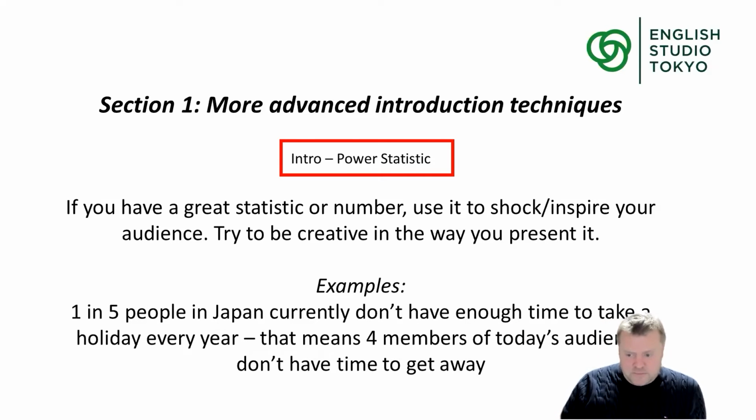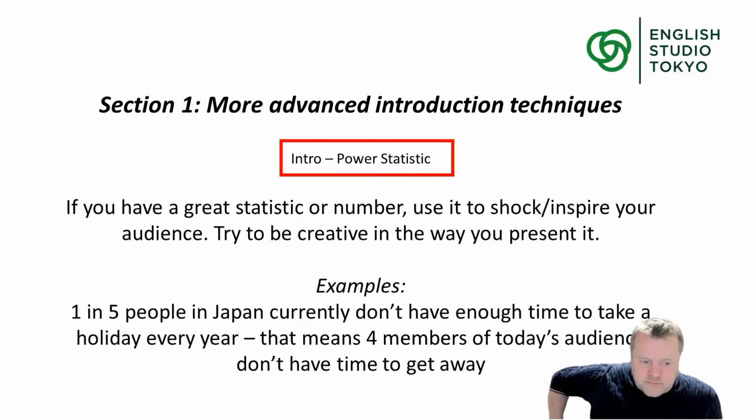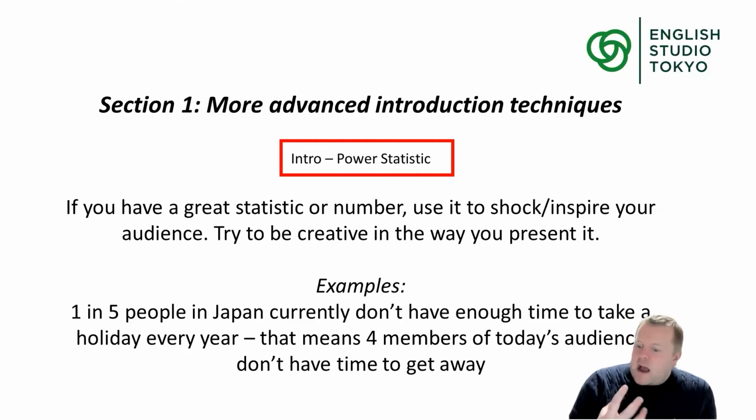Another technique, and I love this technique, is to try to connect the audience. So if you have an audience of, let's say, 20 people, and my power statistic is 20%: 1 in 5 people in Japan don't have enough time to take a holiday every year.